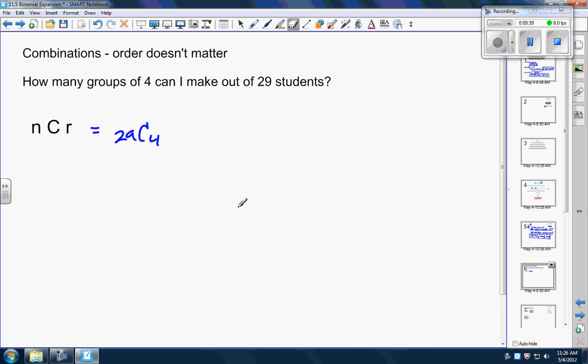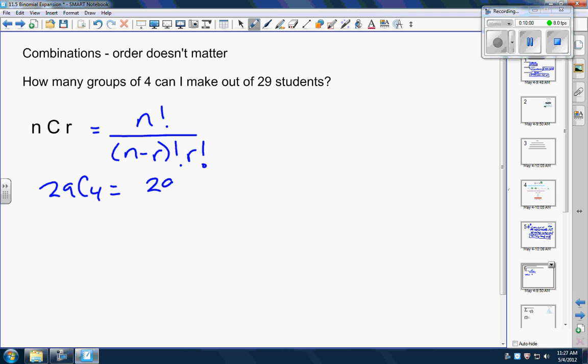Well, actually, let's give you the formula again in case you haven't used it in a while. So we go n factorial on the top. On the bottom, we go n minus r factorial. And then to make it a combination, we divide by that extra r factorial piece. So in this case, we get 29 choose 4.